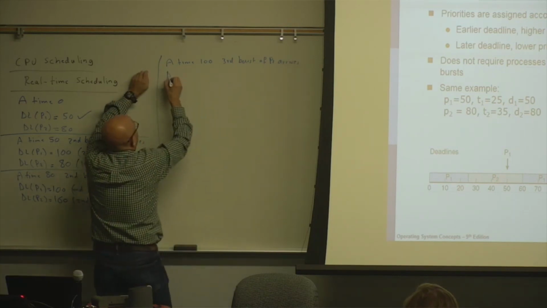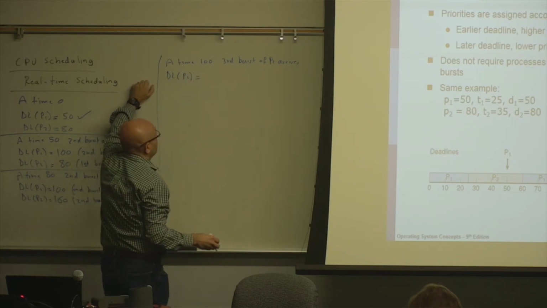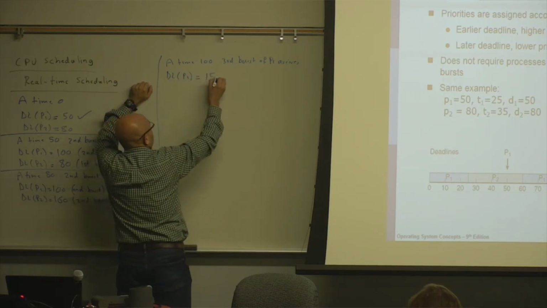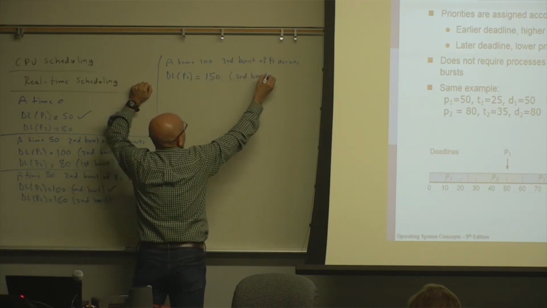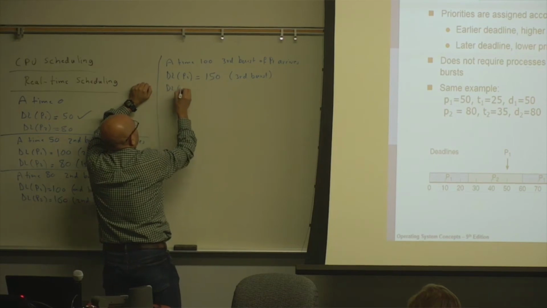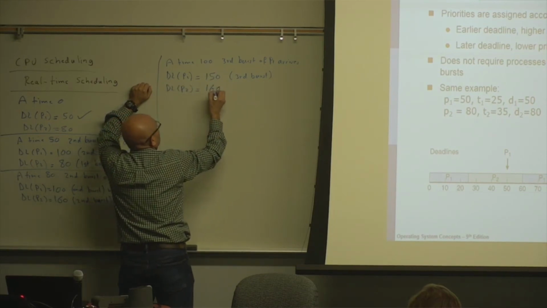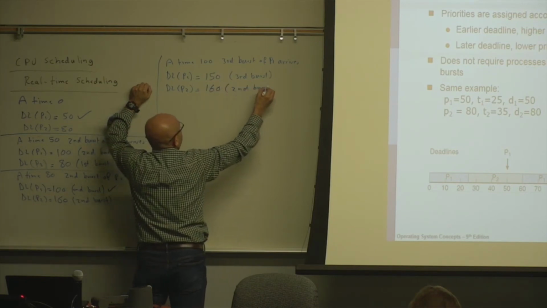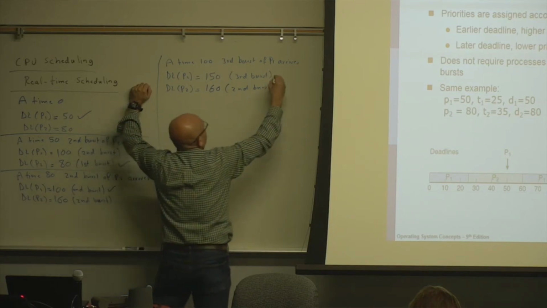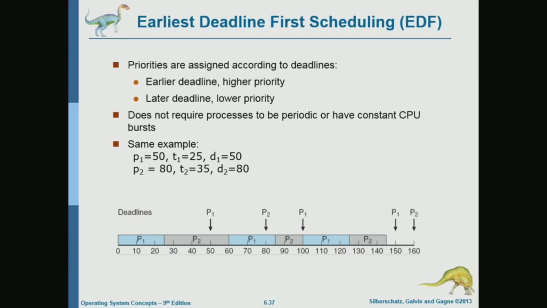And now the deadline of P1, because it's the third burst, is 150. And the deadline of P2 is 160, which is the second burst. And P1 will win again.